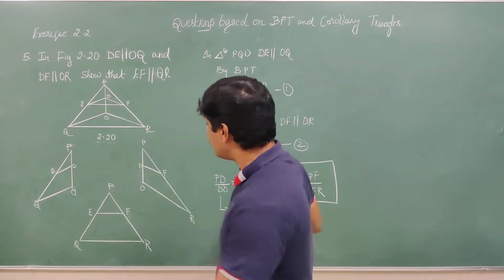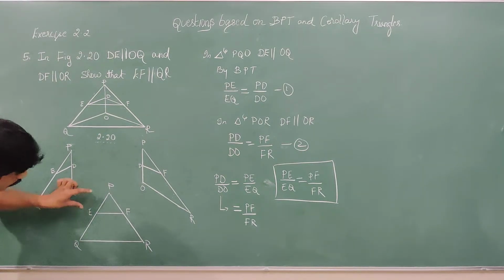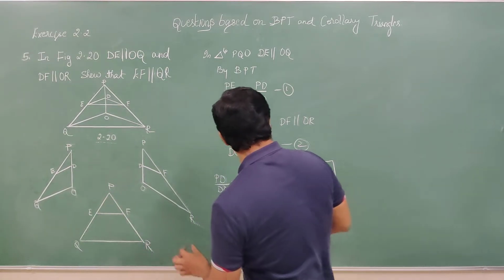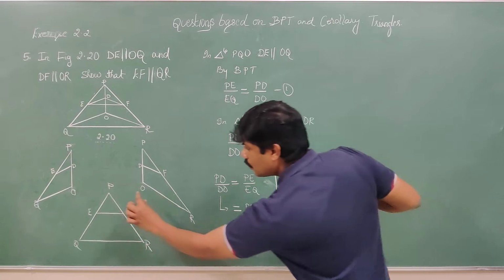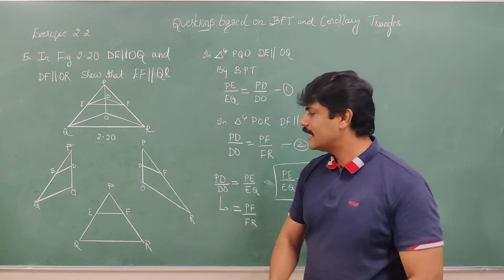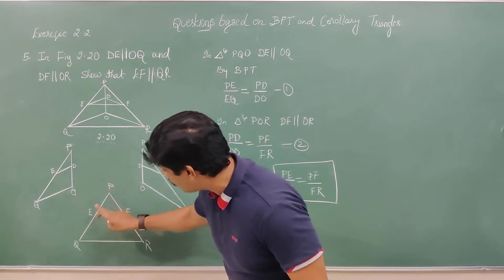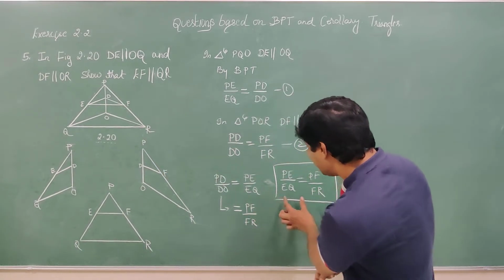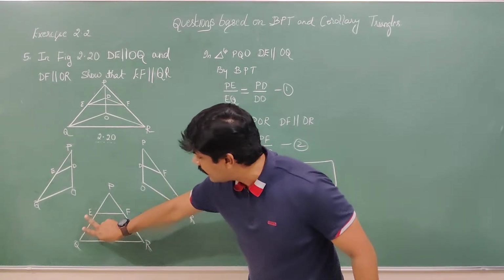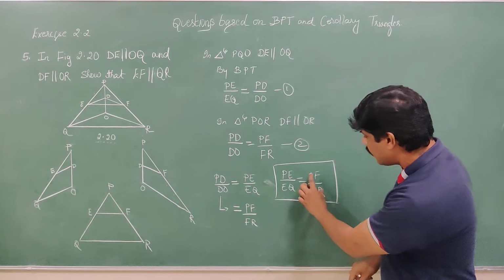Now observe, in the third triangle, PE by EQ is equal to PF by FR. What does it mean? It means the converse of BPT. In triangle PQR, it is clear that PE by EQ is equal to PF by FR.